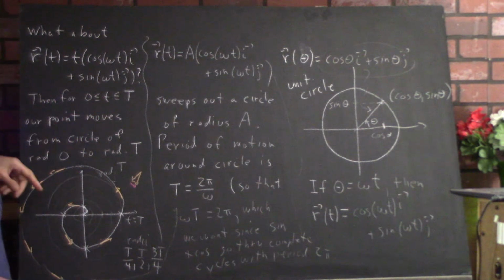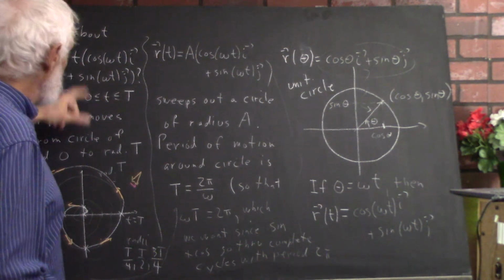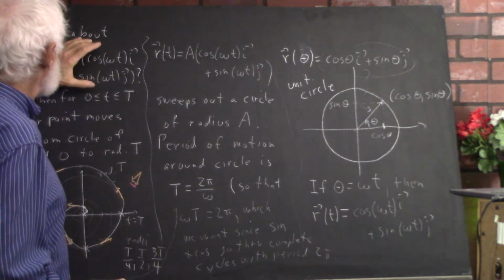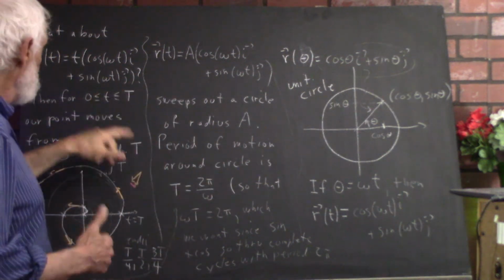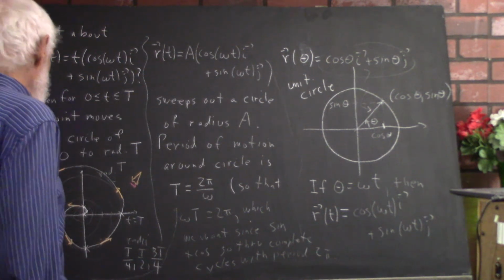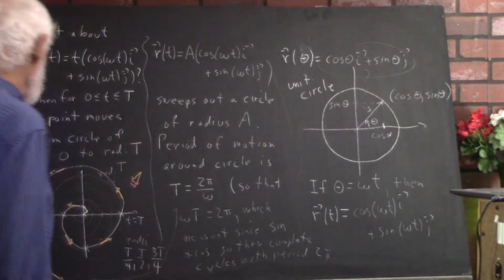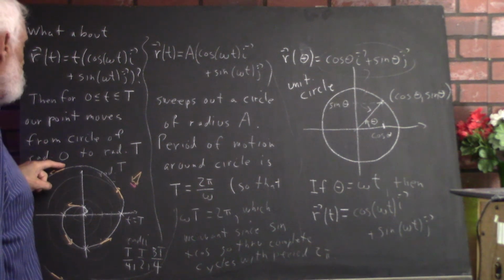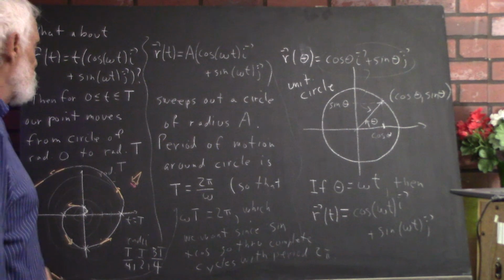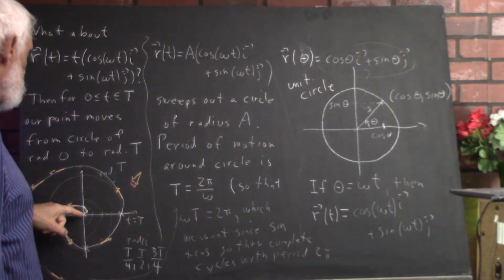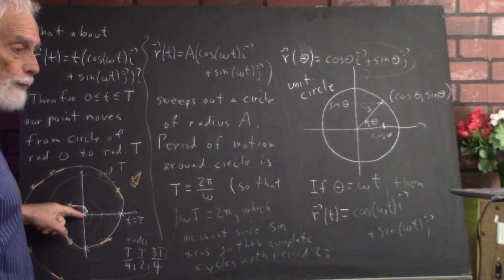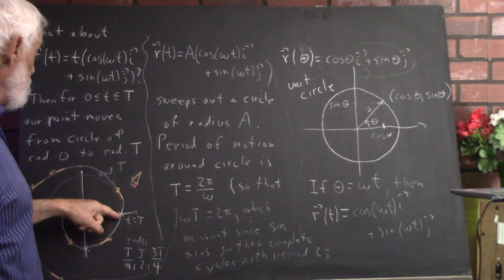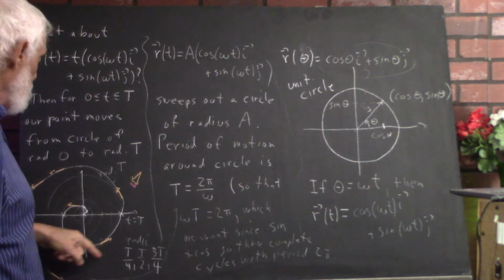What happens here is the radius of your circle is t, and t starts at 0, and for the first period of theta at least, ends at capital T. Now it can keep moving, as we'll see. So our position moves from a circle of radius 0, which is just the origin, out to radius big T, which is depicted here.